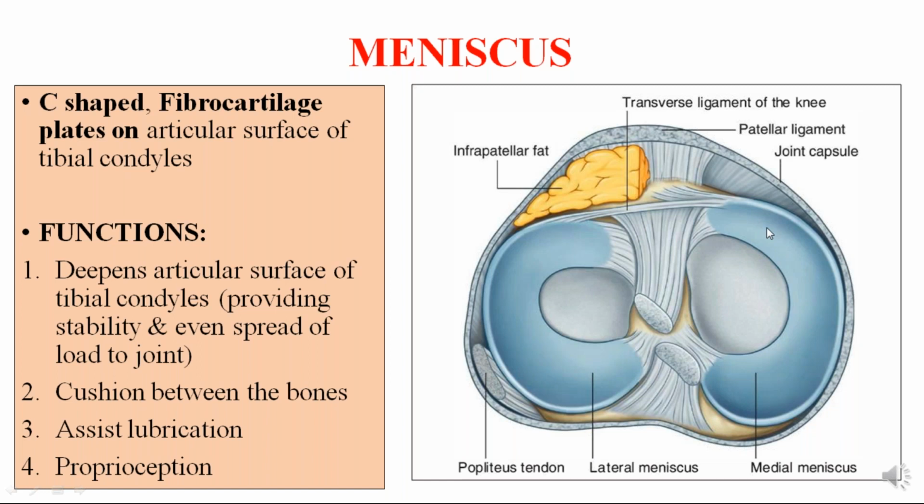Their main purpose is to deepen the articular surface of the tibial condyles so that it increases the congruency of the joint, providing stability and even spread of load to the joint. The underlying bones are also cushioned by these menisci. Assistance in lubrication is another function of the meniscus, along with proprioception.